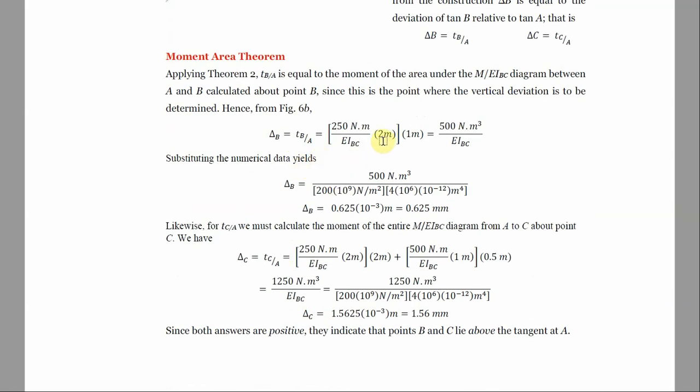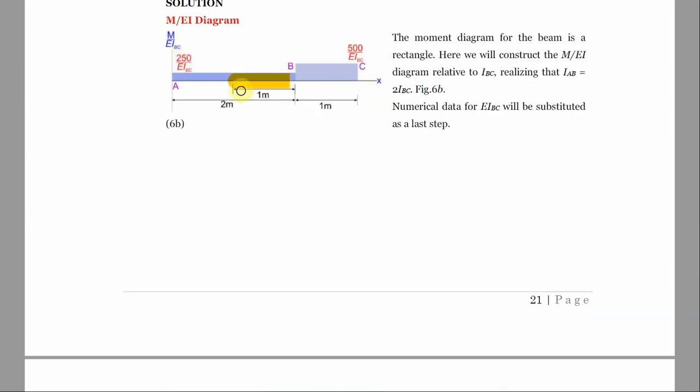This 250 is the bending moment for the position b. This is for the 2 meters, and this is the 1 meter centroid. From here to here is 1 meter.